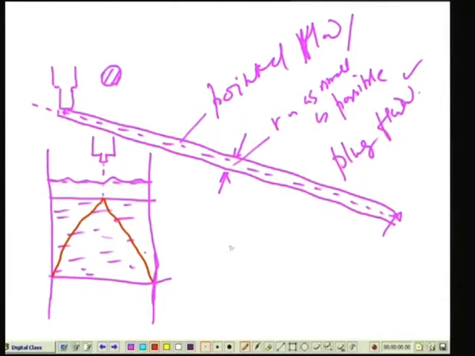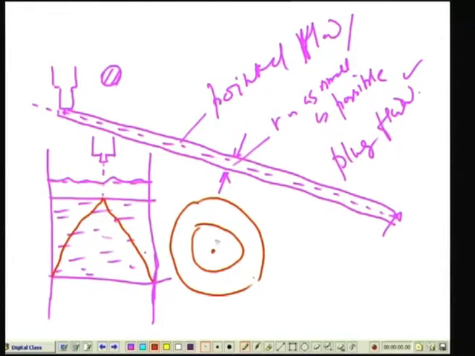This is called a plume. If you observe it like this, it would be like a cap.